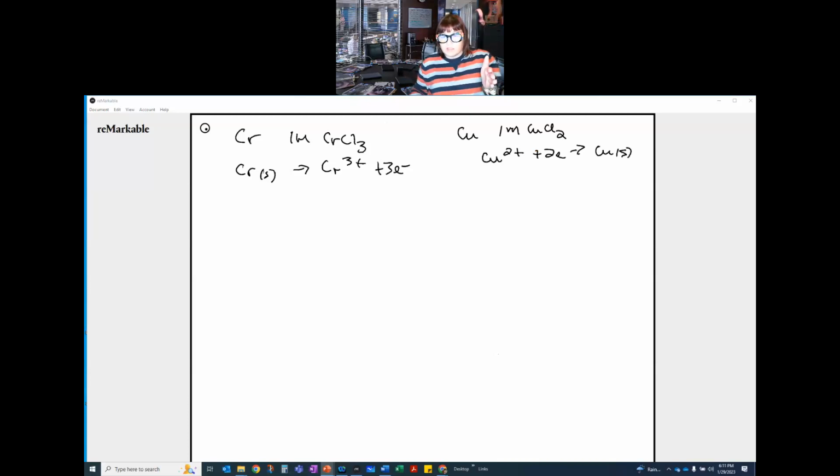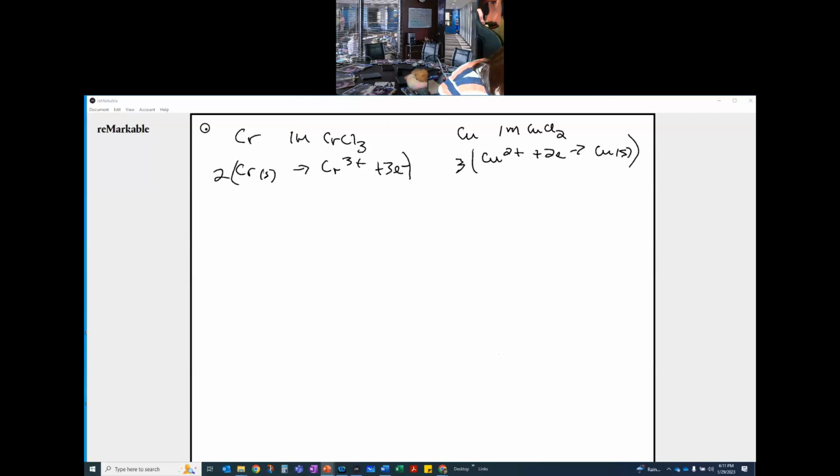Okay, so lose electrons, oxidize. I know that the chromium is the one that's losing the electrons. The other one, copper, gains electrons, reduced, because reduction occurs at the cathode. We assume chromium is the anode, so that's why they're in this order. For my overall cell reaction, I'm going to have to multiply this by 2 and that by 3.